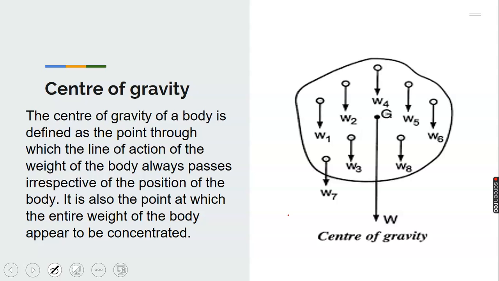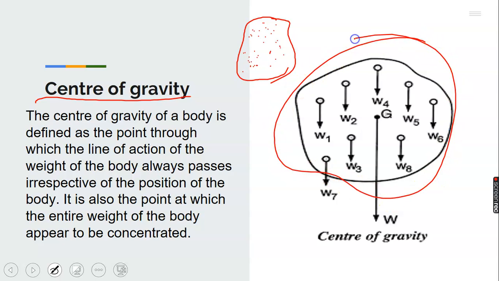Now today we move to center of gravity. Let's take for instance a stone or a plank of wood, for example. This stone contains many particles that made up this stone. Each weight of the particle is the sum total that made up the stone itself, as you can see in this diagram.